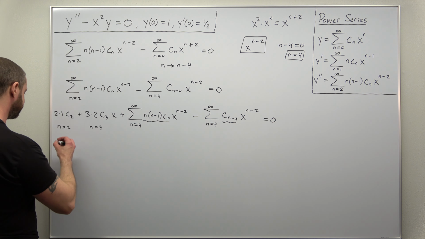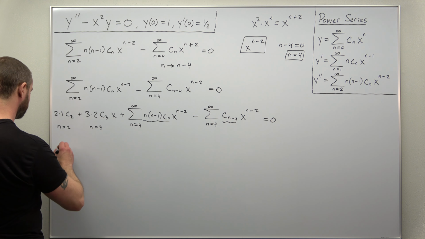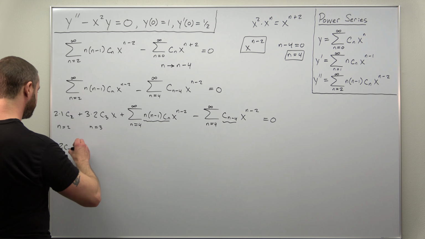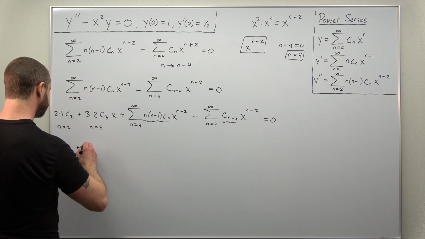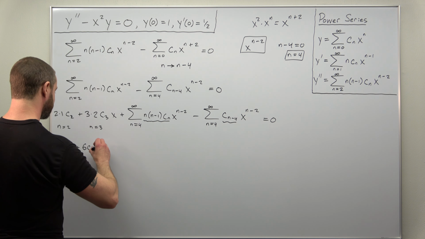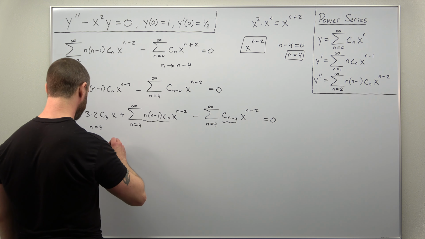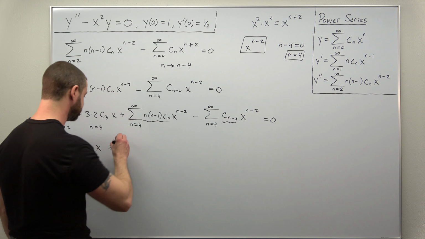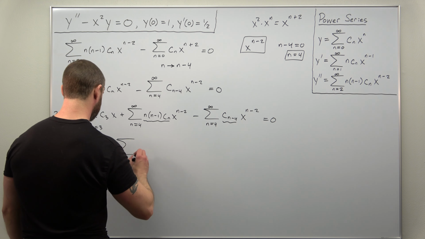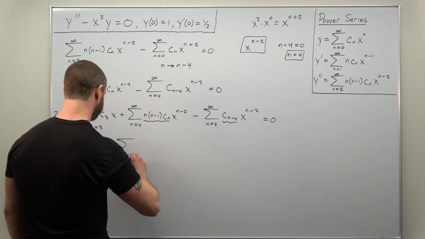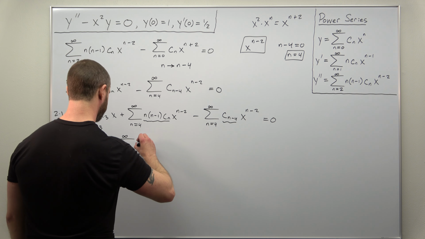I'm just going to carry those terms. 2 c2 plus 6 c3 x. And now we're going to combine these together into a single power series. The sum is now n equals 4 to infinity.